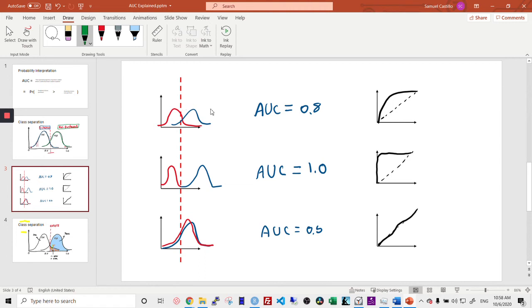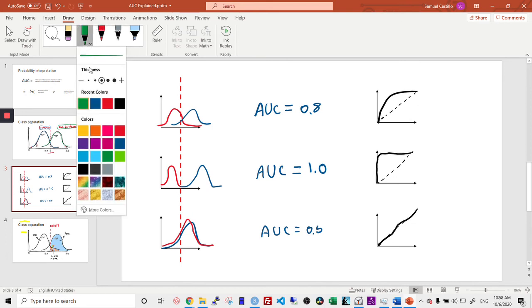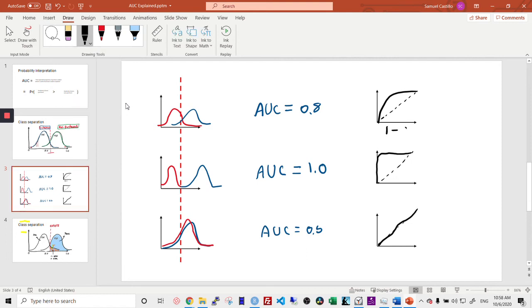Anyone to the right of this line would be predicted as purchasing, and anyone to the left would be predicted as not purchasing. And in the ROC curve, this is 1 minus specificity, and this is sensitivity on the y-axis.